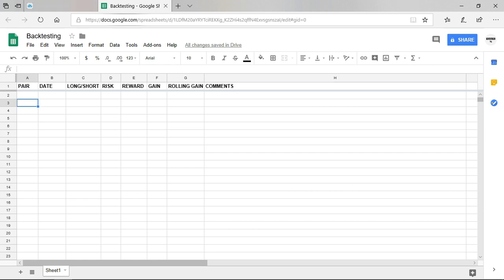So I have this spreadsheet right here, and it's got all the relevant data I need to know if the strategy is actually going to be profitable long term.